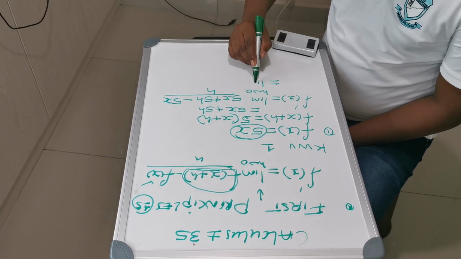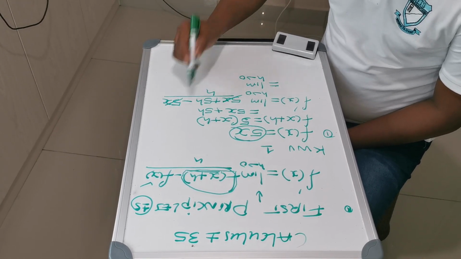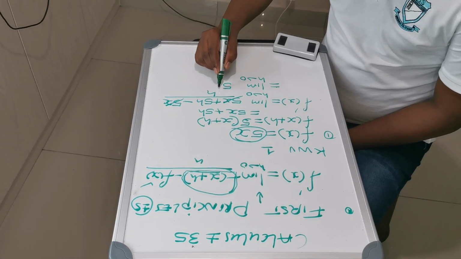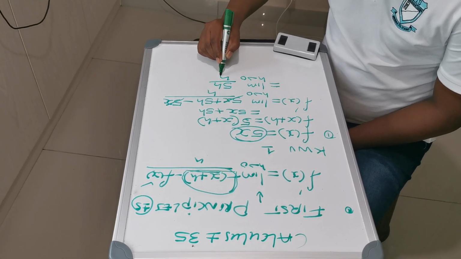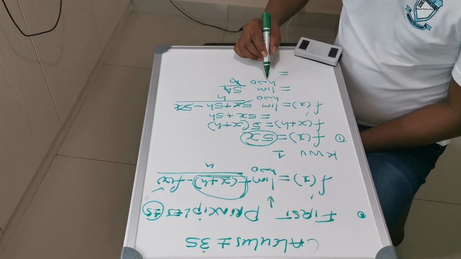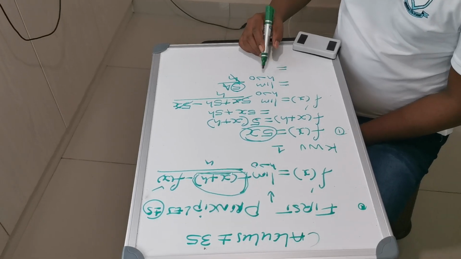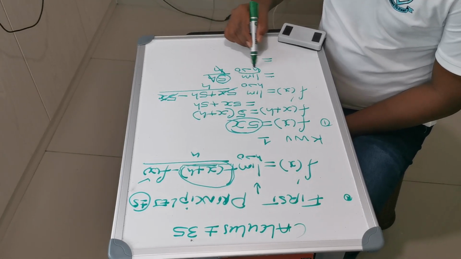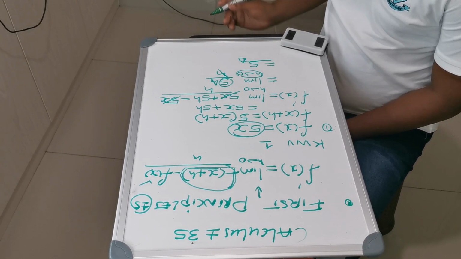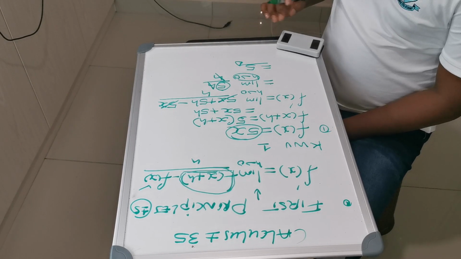Then from here, let's simplify. The 5x and 5x will cancel each other out. Then now we have 5h all over h. Obviously h will divide. Now you have the limit as h approaches 0 of a constant number, because there is nowhere where we can put 0, which means your answer would be 5. That is a very easy sum.